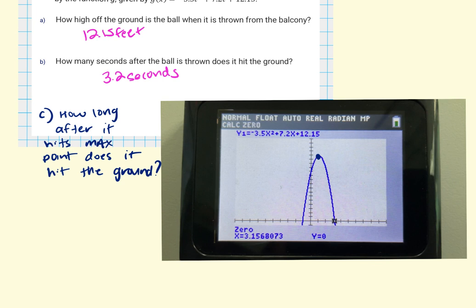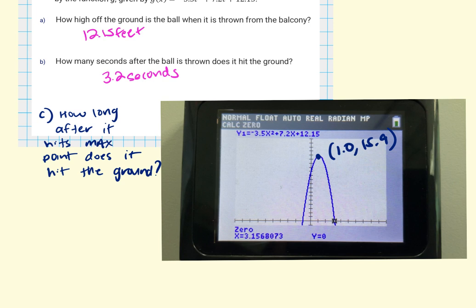So I'm going to find the maximum point. So I go to my graph, on my graphing utility, I find the maximum point. 1.0, comma 15.9. That doesn't ask for the maximum value.